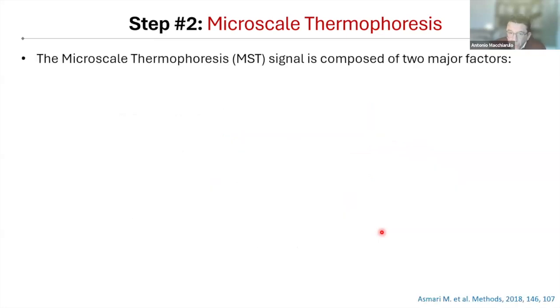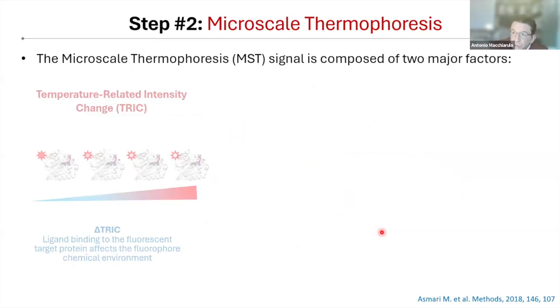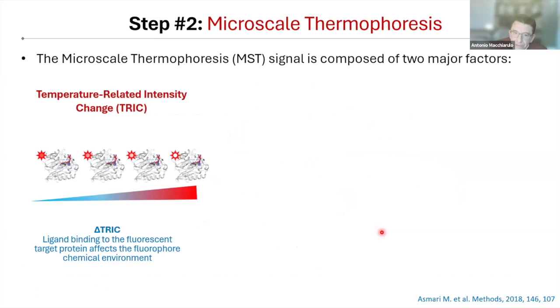So what we do with this instrument is to record the microscale thermophoresis signal that is composed of 2 major factors. The first factor is the temperature-related intensity change. In this experiment, we need to tag the protein with a fluorescent probe, and the temperature-related intensity change is the change of the fluorescence of this probe upon ligand binding.